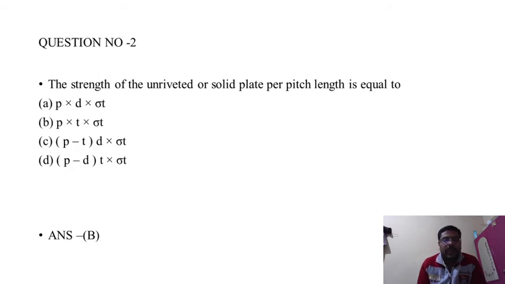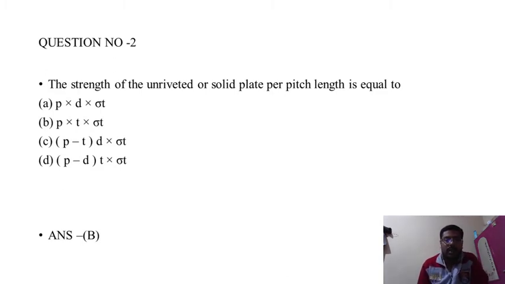The strength of the unriveted or a solid plate per pitch length is equal to: option 1, P into D into sigma T. Option 2, P into thickness into sigma T. Option 3, P minus T into D into sigma T. Option 4, P minus D into T into sigma T. So choose your best answer.